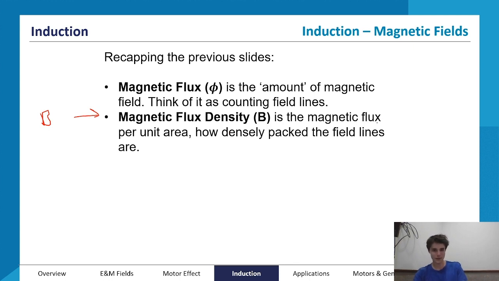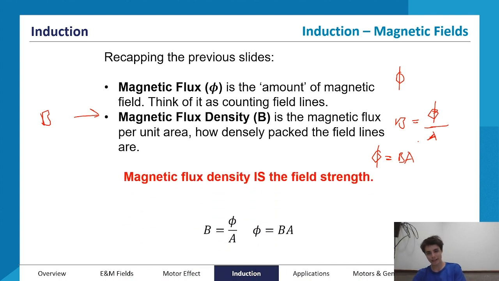Because if our magnetic field is the magnetic flux per unit area, i.e. B is equal to how much flux we have per unit area, where this is our area down the bottom, we can rearrange this formula to get that our phi, our magnetic flux, is equal to magnetic field times our area.